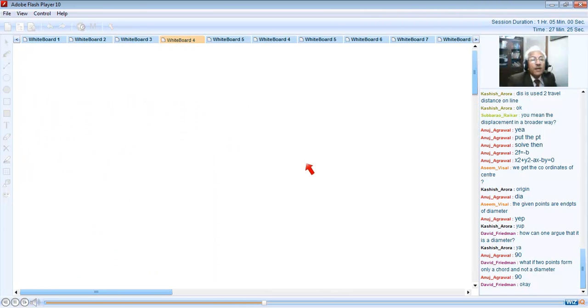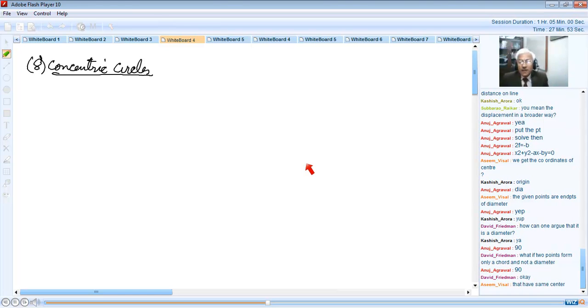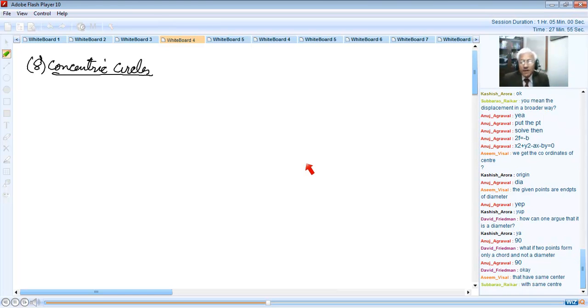We take up one more now. What do we mean by concentric circles? Concentric circles have the same center, correct.